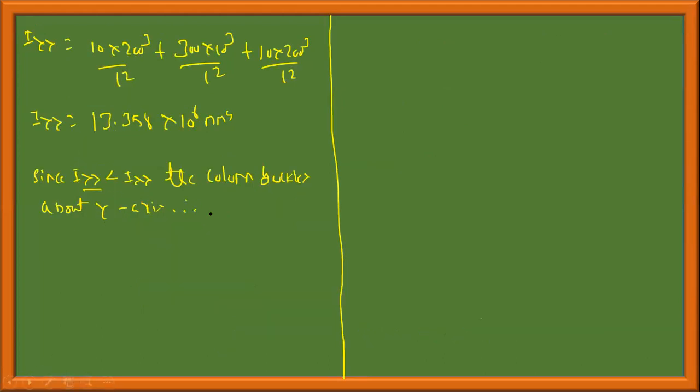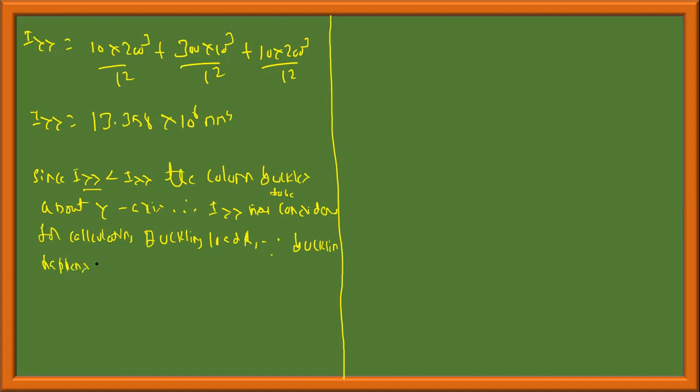Therefore, IYY has to be considered for calculating buckling loads, because buckling happens about the least moment of inertia axis. So that axis is the y-axis and buckling happens on that axis.